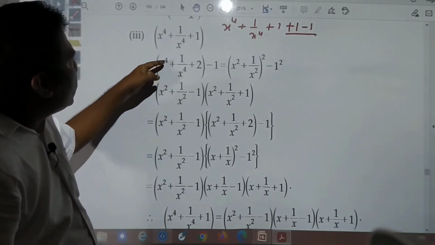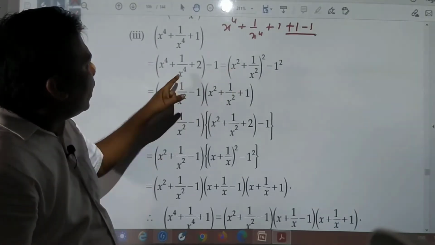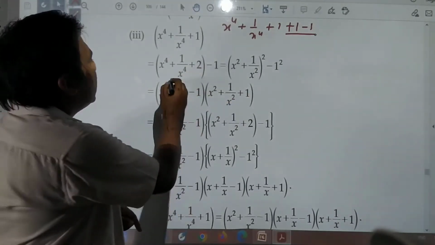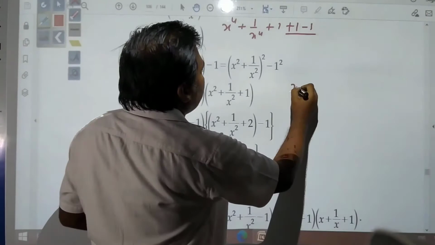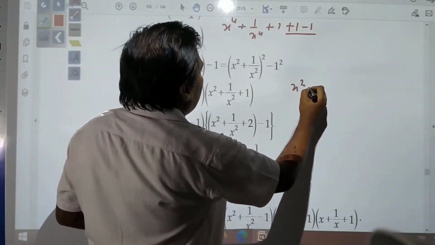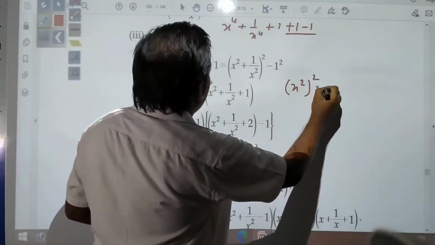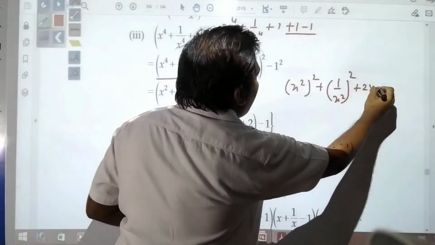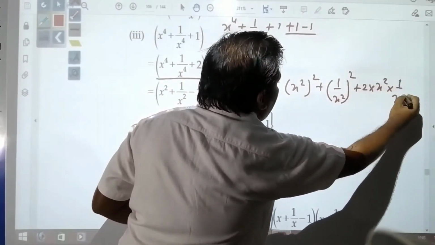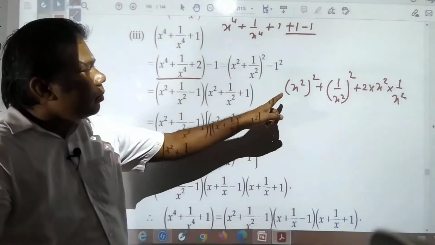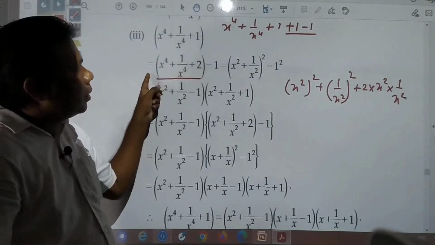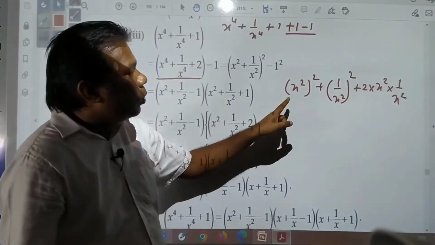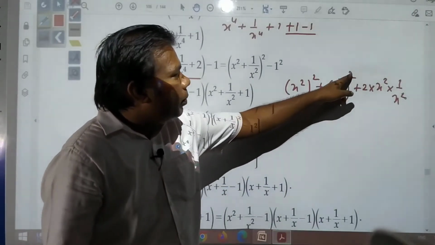Now x to the power 4 can be written as x square plus 1 by x square plus 2. This can be written as x square plus 1 by x square plus 2 into x square into 1 by x square. This can be written as x square to the power 2 plus 1 by x square to the power 2.